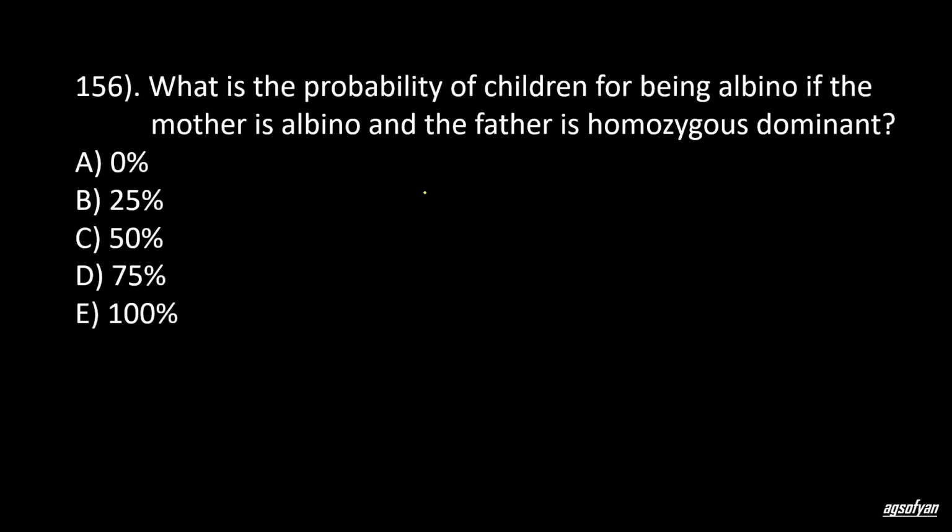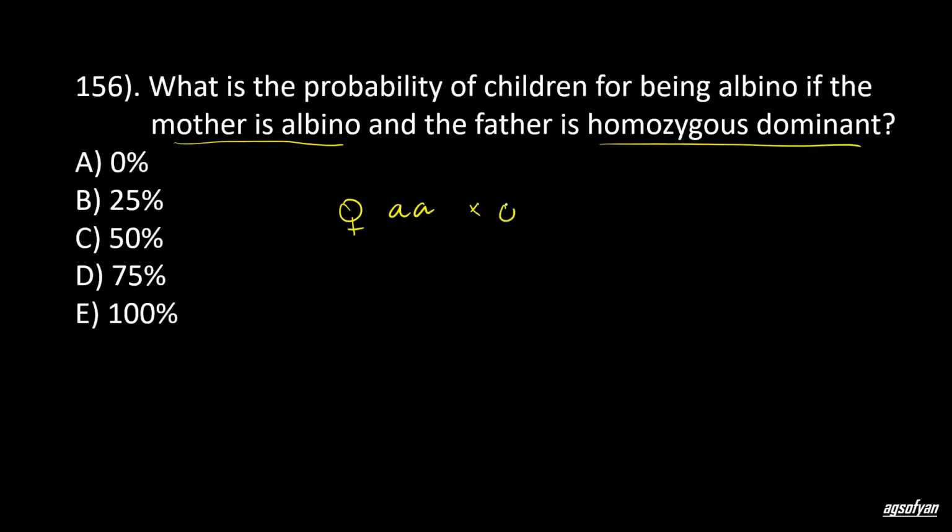So a person that has both recessive alleles will have albinism. So the mother is albino. So we know the mother will have lowercase letters. Okay. The father is homozygous dominant.